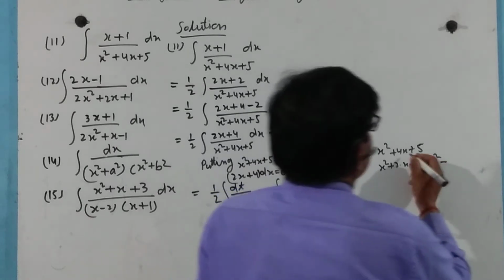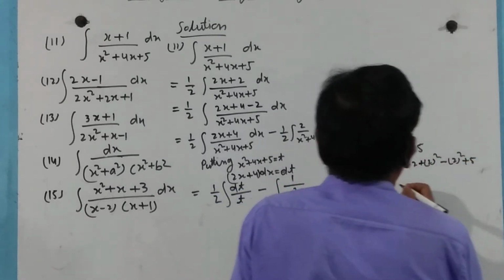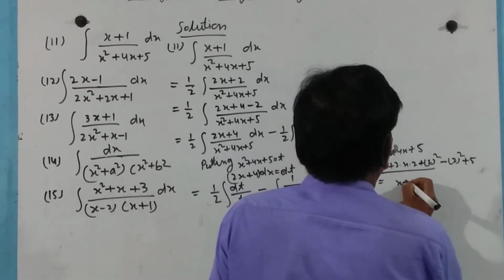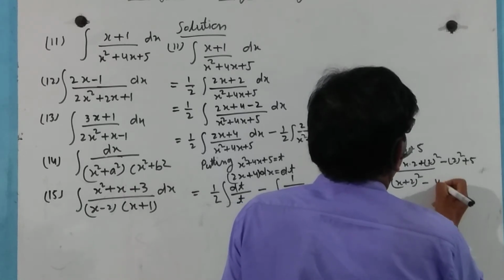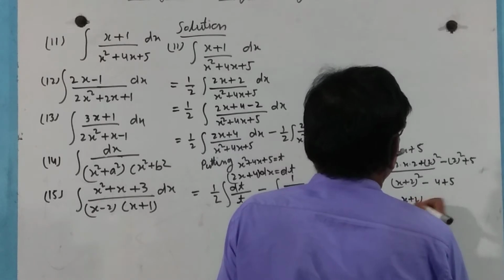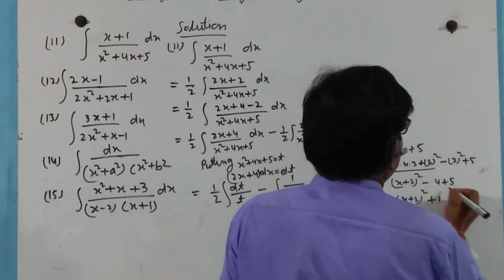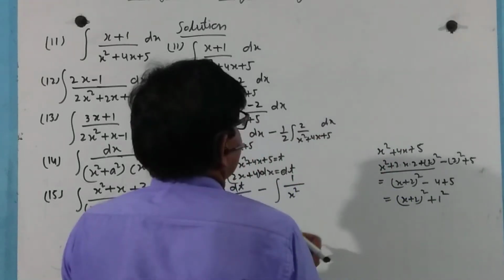Add, so that subtracting 2 square, plus 5 here. So this is equal to x plus 2 whole square, plus 5 minus 4, that is x plus 2 whole square plus 1 square. This can be written as this type.